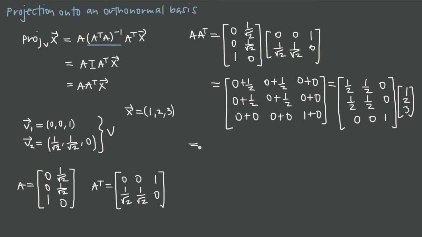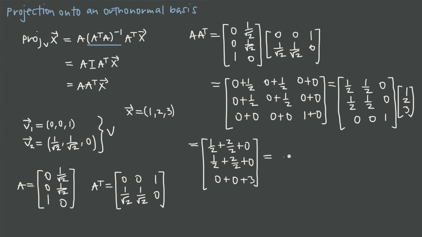And so when we find that projection, we'll end up with here a vector in R3, of course, starting with the first row times the column. So 1/2 times 1 is 1/2. 1/2 times 2 is 2/2. And then 0 times 3 is 0. And then taking the second row multiplied by the column, we'll get 1/2, 2/2, and 0. And then multiplying the third row by the column, we'll get 0, 0, and 3.